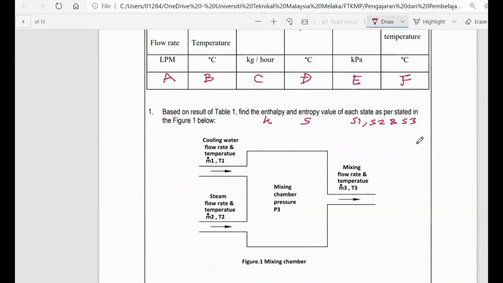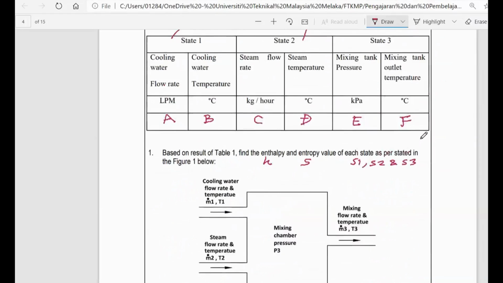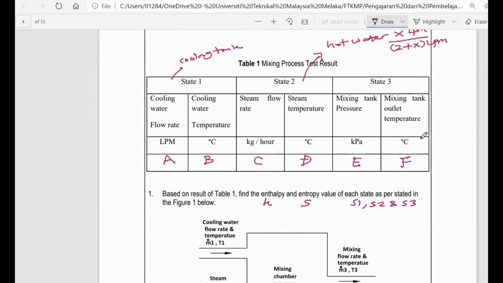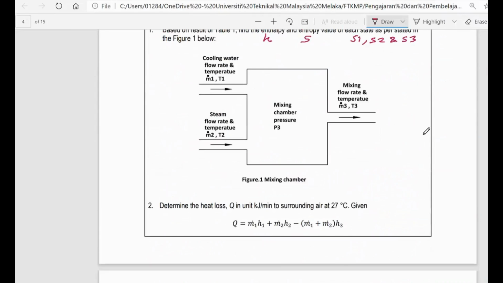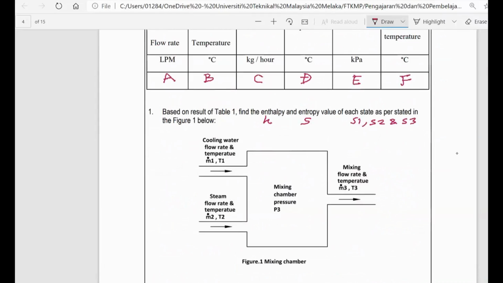Based on the results in Table 1, you need to find the enthalpy and entropy for each state: the cooling state, the hot water, and also the mixing state. The way is easy. For example, state 1 is the cool water, so let's say you assign enthalpy H1 and entropy S1.